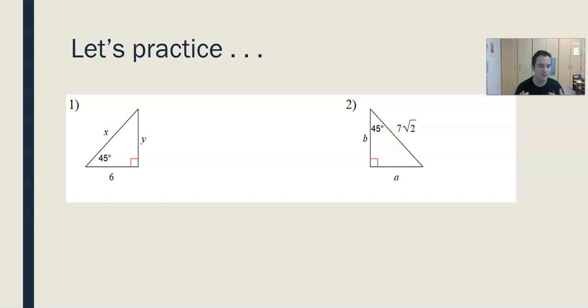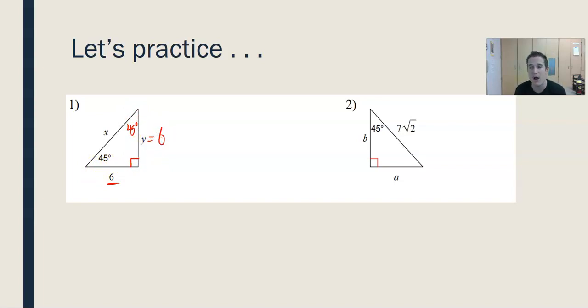This would be an example of some problems you might see on the homework. So I have a 45, 45, 90 triangle. I know that because I was given that this angle was 45 degrees and this angle was 90 degrees. And I know that this side here is 6. That's the only side that I'm given. Well, I know that in a 45, 45, 90 triangle the two legs have to be the same, so I know y is going to be equal to 6.